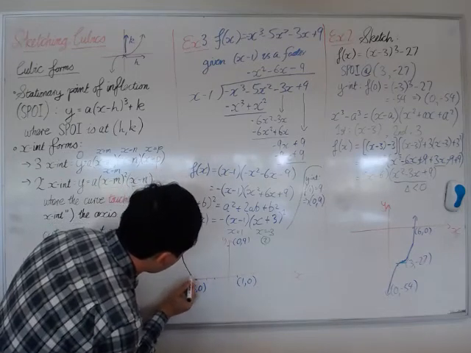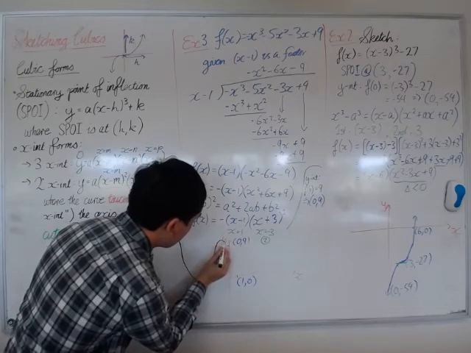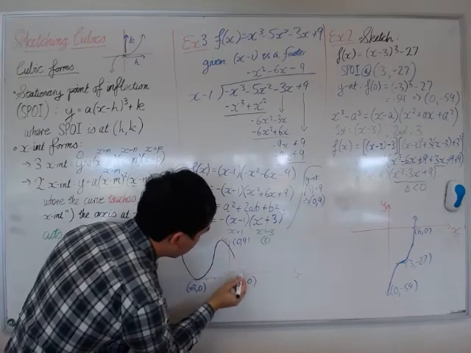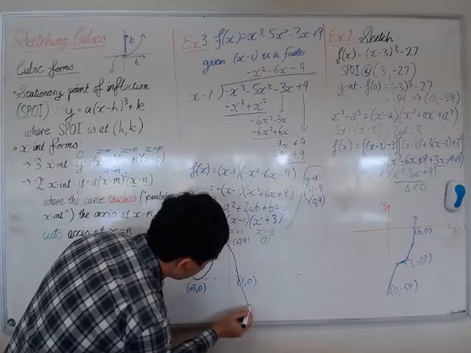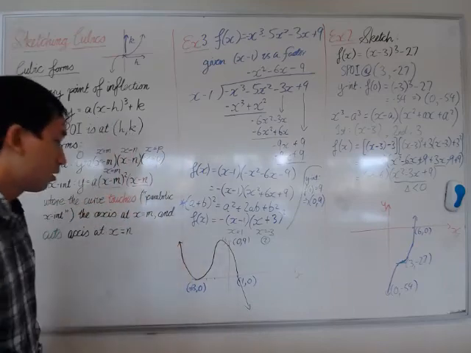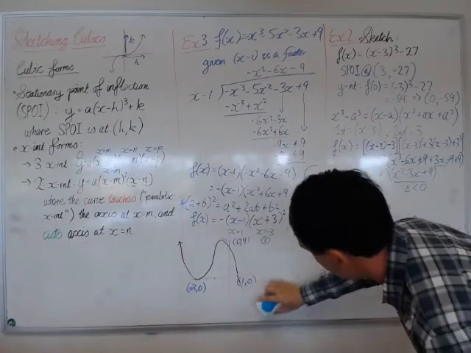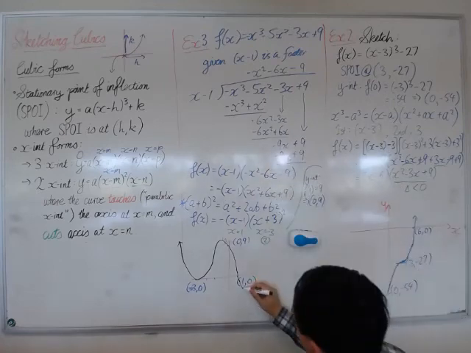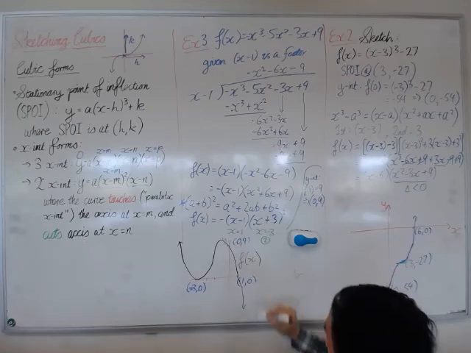So I'm going to cut the x-axis, go through our y-intercept, and cut through 1, 0. Just redraw this a little bit. This shouldn't be diverging outward. This is our function f of x.